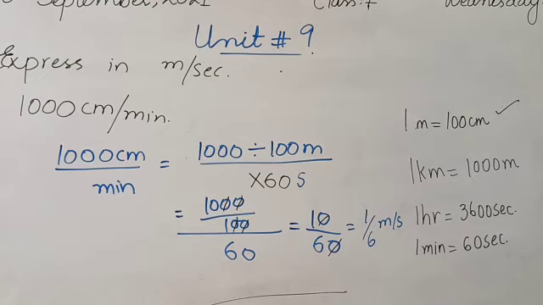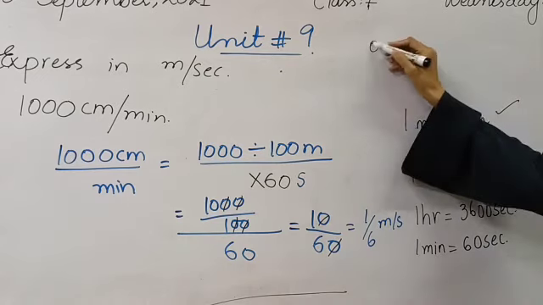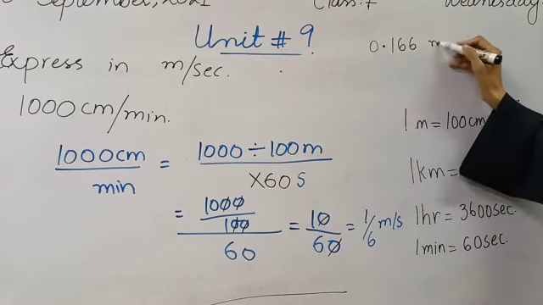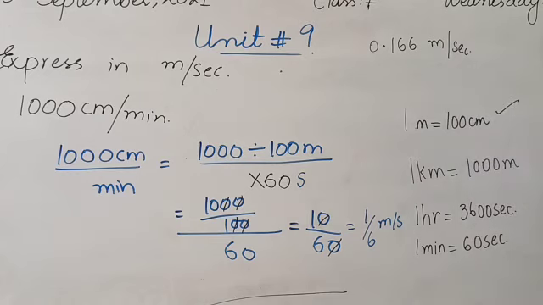Or you can write it in decimal by dividing. After dividing you will get 0.166 meter per second. Okay? This was the conversion of centimeter per minute to meter per second. Convert centimeter into meter by dividing by 100 and minutes into seconds by multiplying minutes with 60.